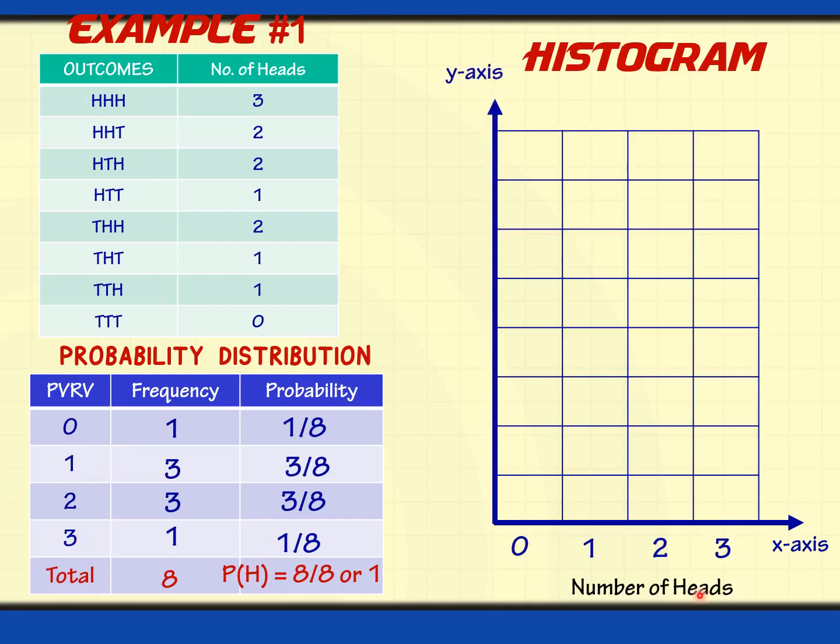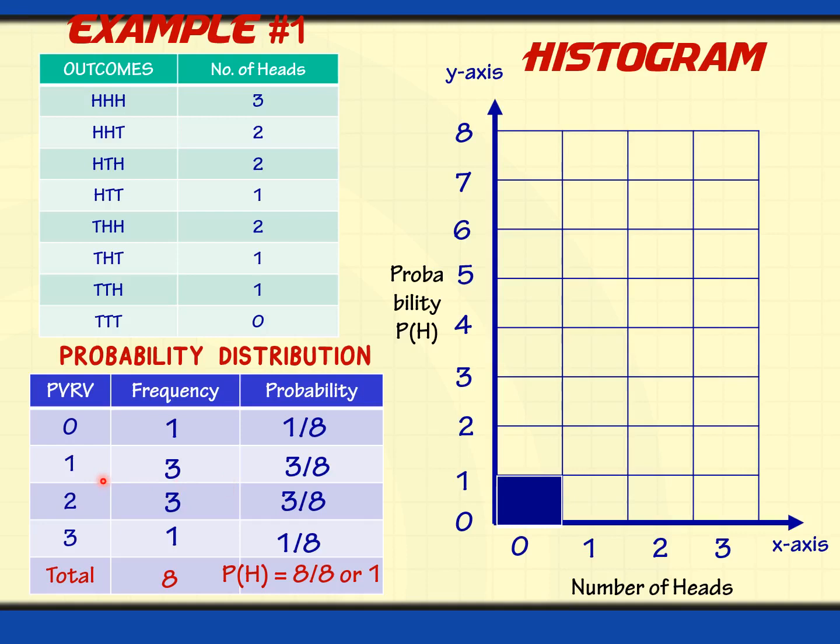And then on the vertical axis or y-axis, we're going to have the probability. Since we have a total of 8, we'll place 8 here. And then we simply shade the probability. So 1 over 8 will serve as the height. For 0, the probability is 1 over 8, so we'll just shade it here.